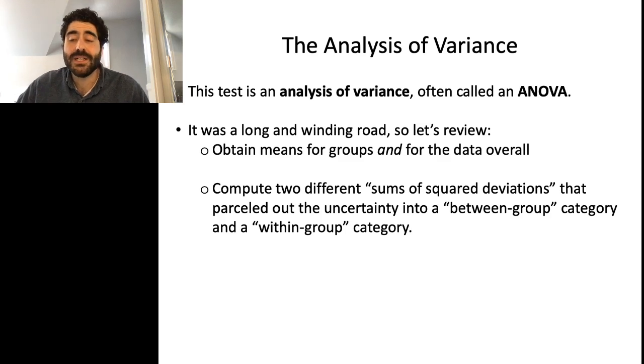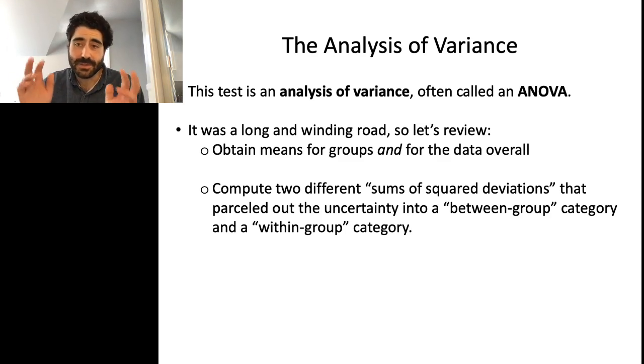The between group one is a sum over the groups: how far are these group means from the overall mean? The within group one is a sum within each of the groups: inside each group, how much variability is there around that group's mean? In practice, to get the within group one, usually we'll just subtract the between from the total, but you could also compute it directly.